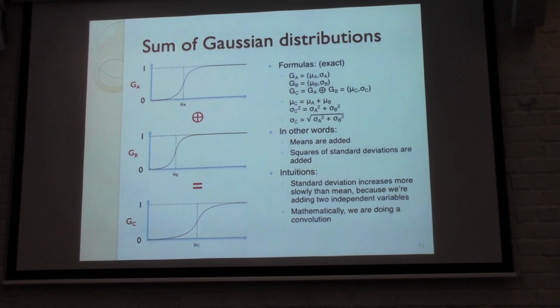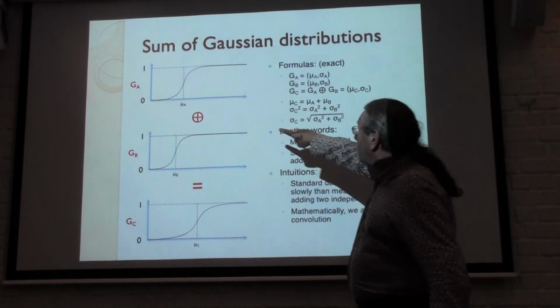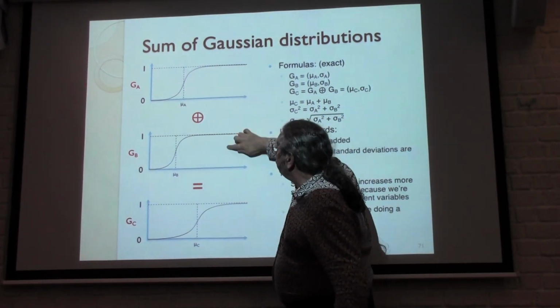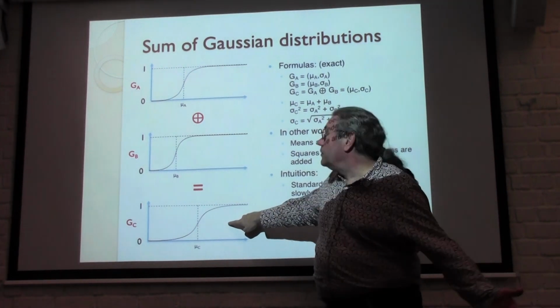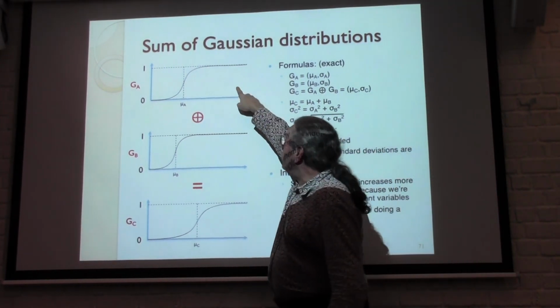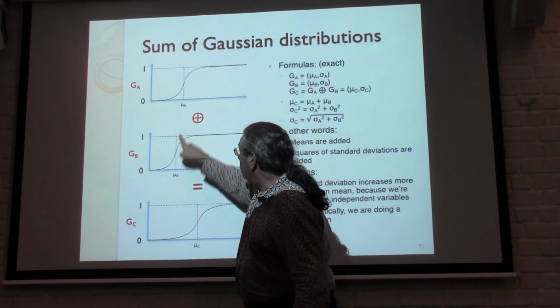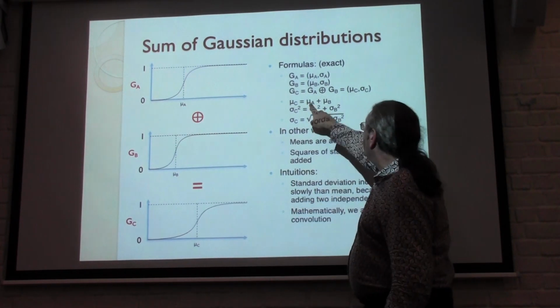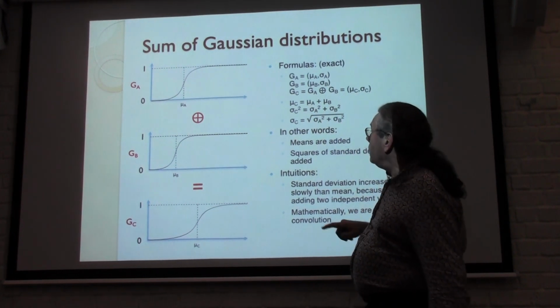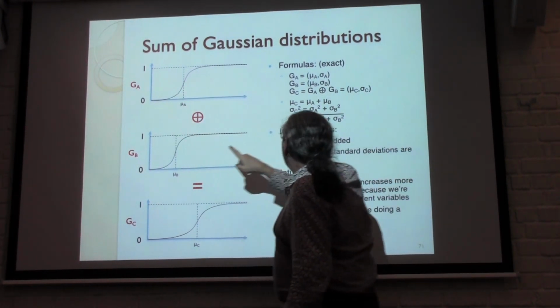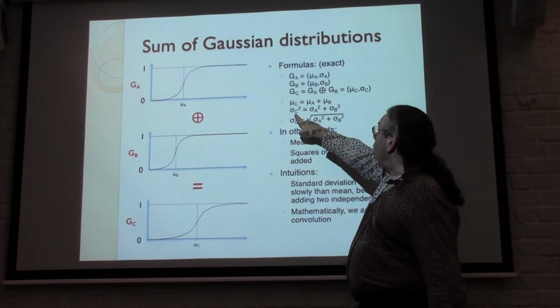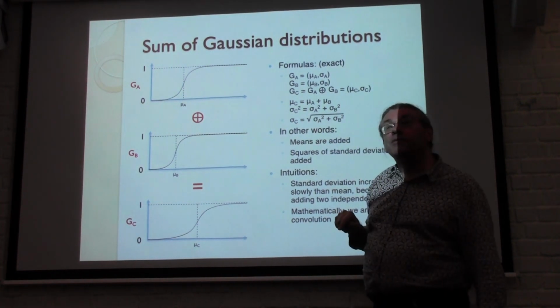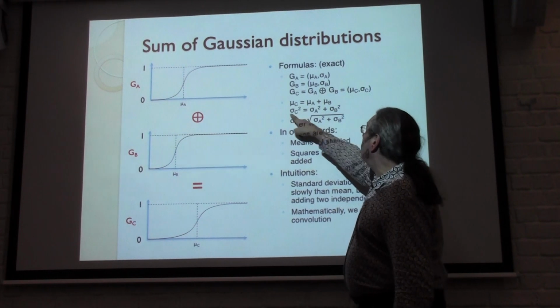And you can also add components together. The addition is a convolution. The nice thing about Gaussians is the convolution of two Gaussians is another Gaussian. So if I have two Gaussians here, with the two means, mu A and mu B, the mean of the convolution is the sum. And the variance, well, the square of the deviation is the sum of the two squares. So maybe you have seen that already.